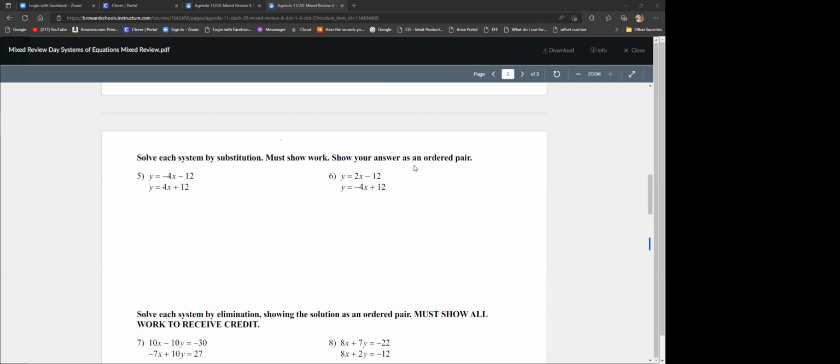How do we do 5? y equals both of those things. So what are we going to do? Multiply something by the same number? That's elimination.